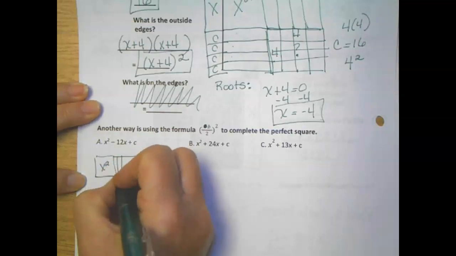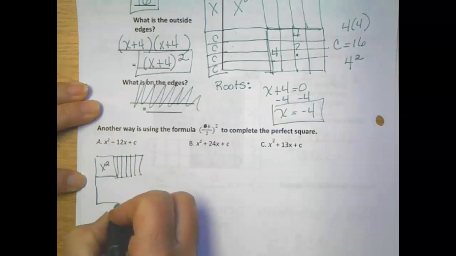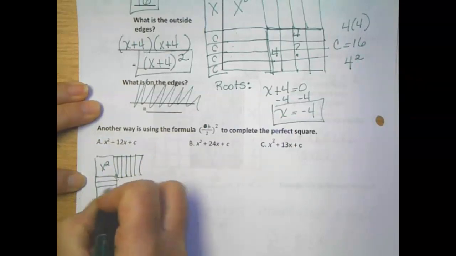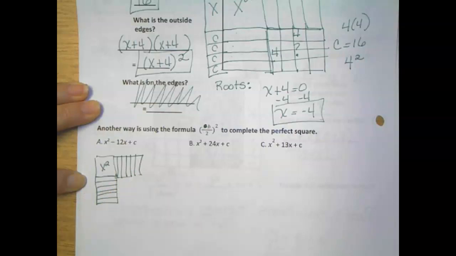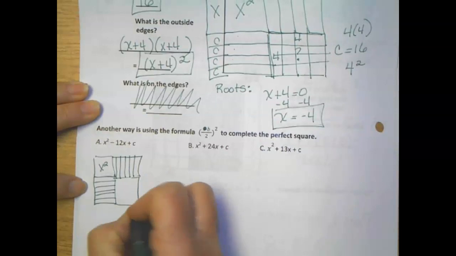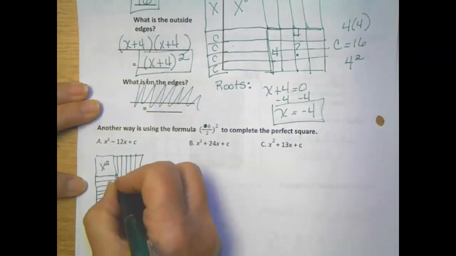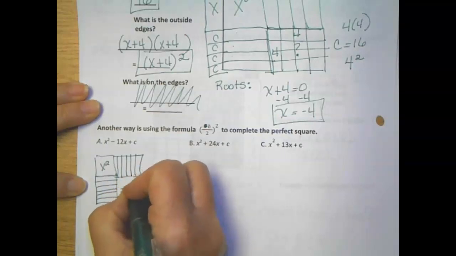6. 1, 2, 3, 4, 5, 6. 6. 1, 2, 3, 4, 5, 6. So how many would I have here? You should see that I have 6 by 6, right? Which is equal to 36.